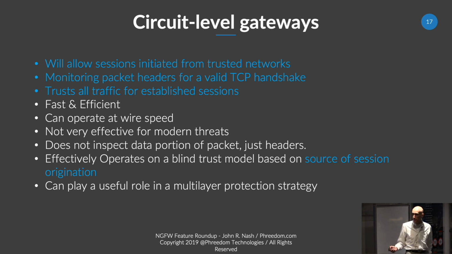They trust all traffic for an established session. If you're a trusted device and you've initiated a connection to something else, it's going to trust all the traffic coming back. And they operate on a, again, blind trust model based on the source of the session origination. So if a trusted device started that communication, everything from that point is trusted for that session.